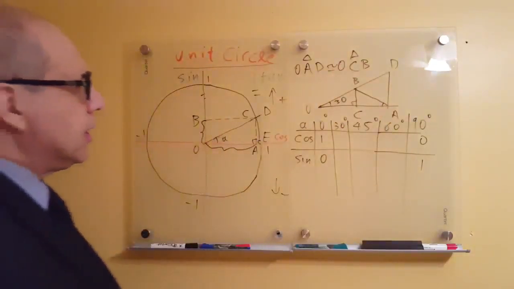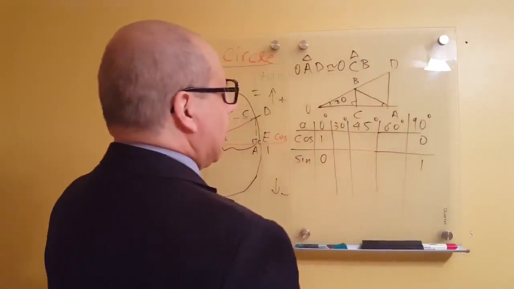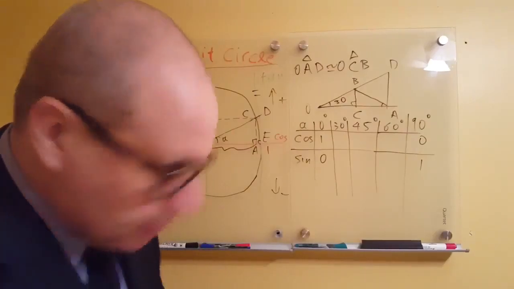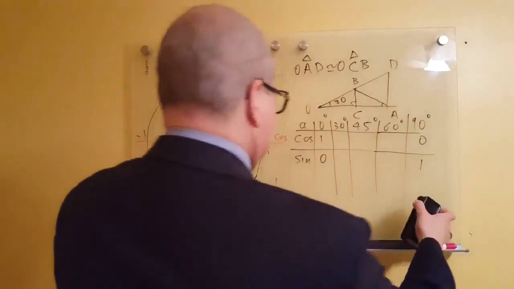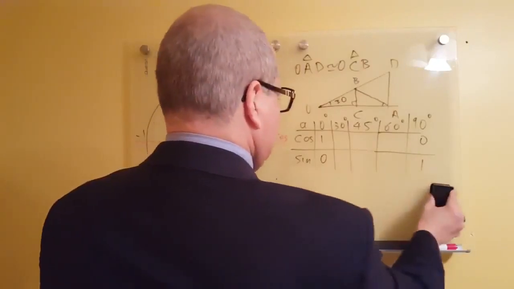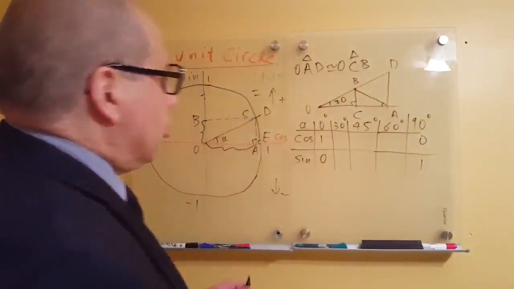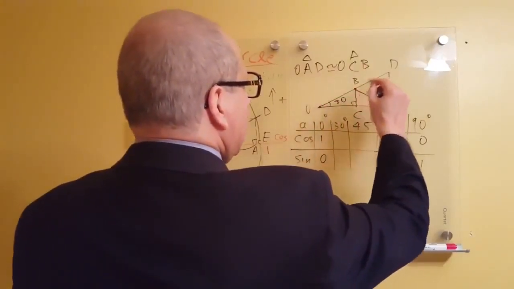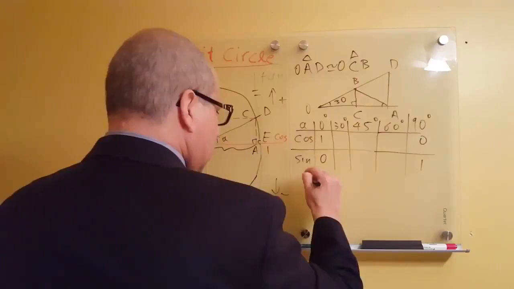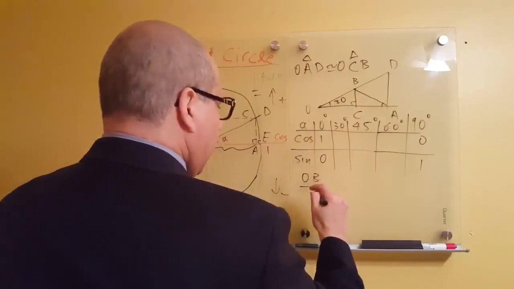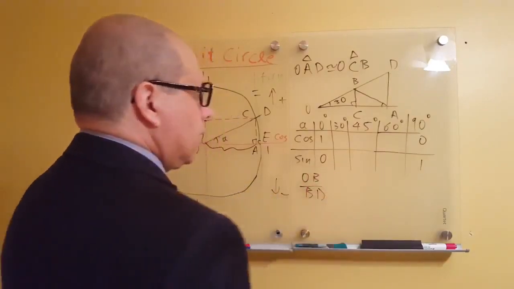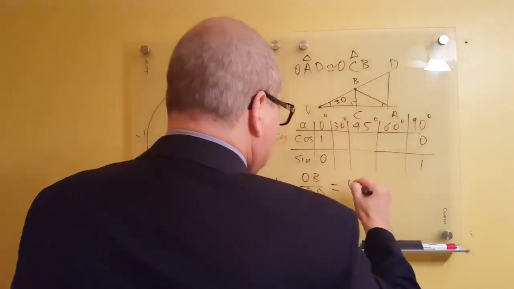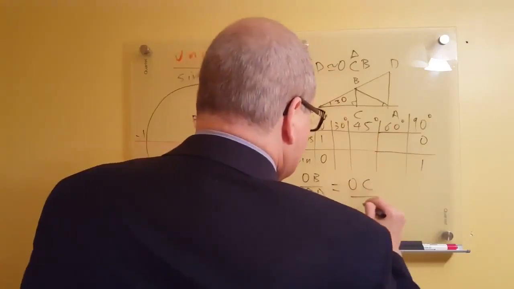So what does it mean? Since the triangles are similar, the ratio OB over BD has to be equal to the ratio OC over CA.